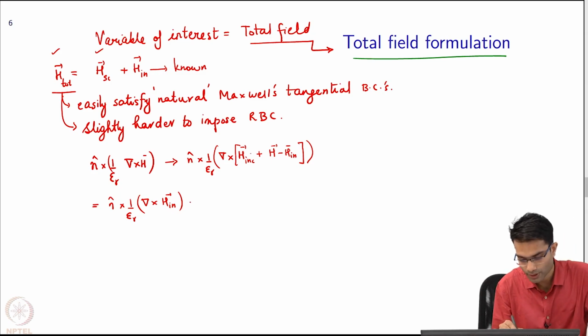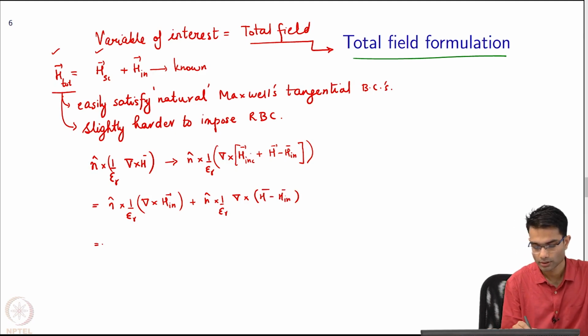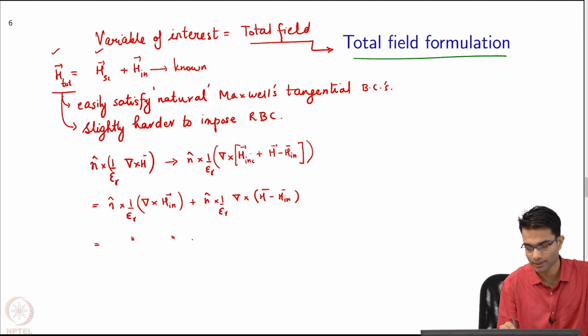And what happens over here? So, n cross 1 by epsilon r, let us just write it once, H minus H incident. This expression remains as it is, and I am left over here with that approximate expression.